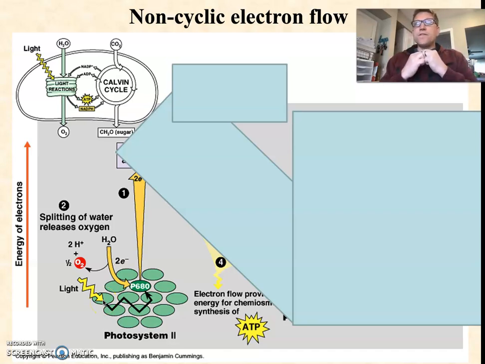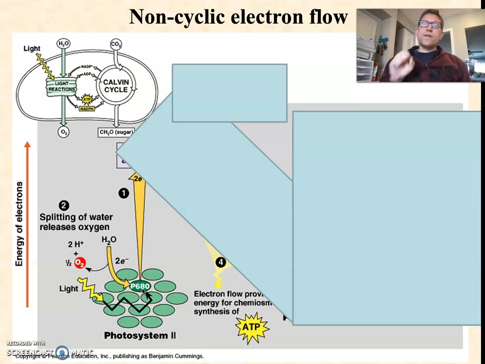It grabs the energy and hands it off to the one that's next to it, which hands it off to the one that's next to it, and so on. The energy of this photon gets bounced around until it hits a reaction center. Now in photosystem 2, which I said has to start the process, not photosystem 1, the reaction center is called P680.